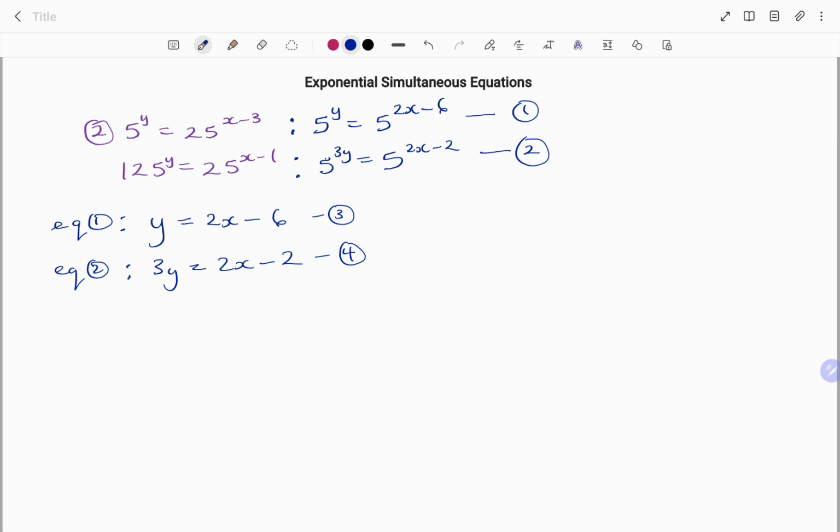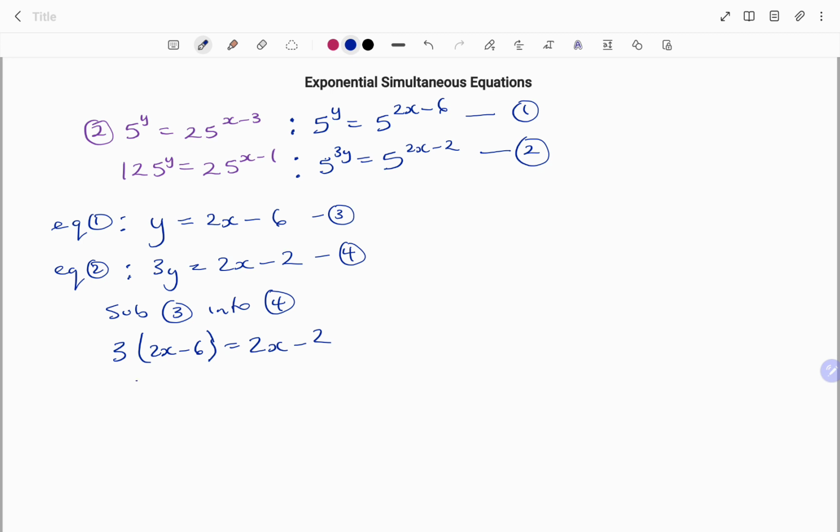Because I know the value of y from equation 3 to be 2x minus 6, I'm going to substitute equation 3 into equation 4. And doing that, I'm going to replace y with 2x minus 6, so 3(2x minus 6) equals 2x minus 2.